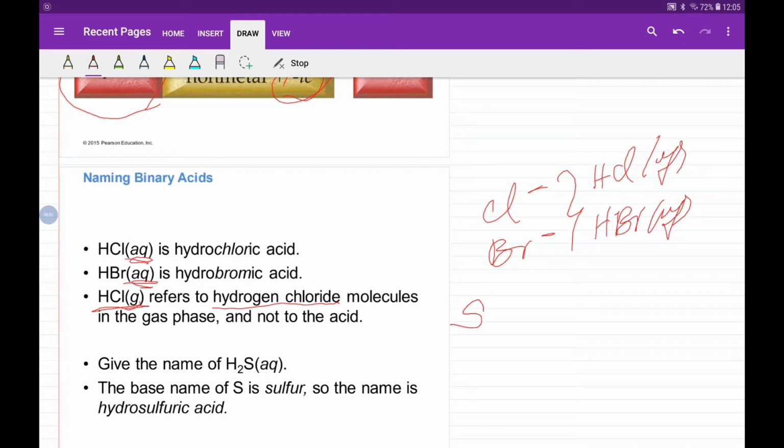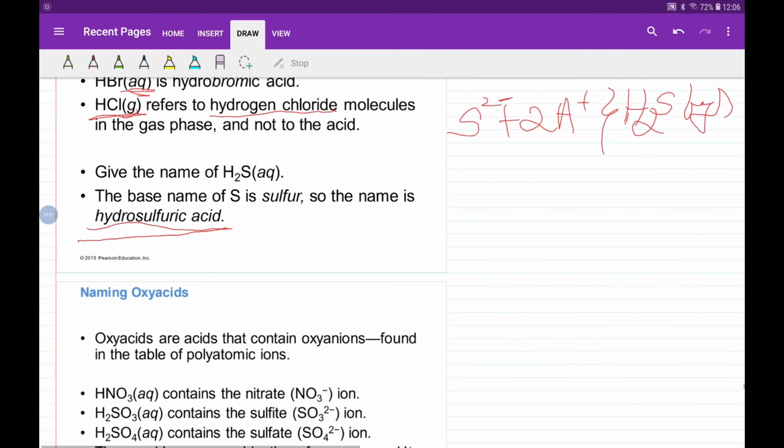Sulfide, on the other hand, has a -2 charge, so we're going to need two H pluses in here to give us H2S. So hydrogen sulfide in the gaseous state, if you put it in water, becomes hydrosulfuric acid. Two hydrogens.